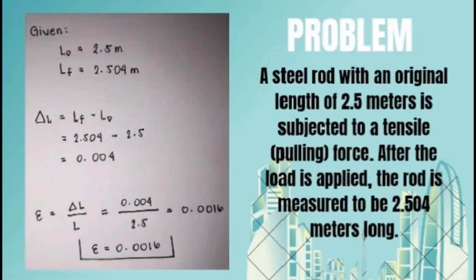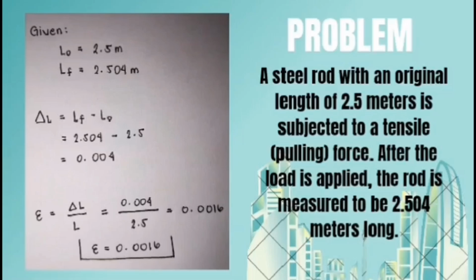First we'll be finding the change in length. The formula for that is change in length equals final length minus the original length. So 2.504 minus 2.5 equals 0.004. And then calculate the strain using the formula.